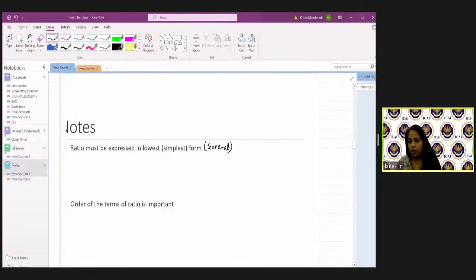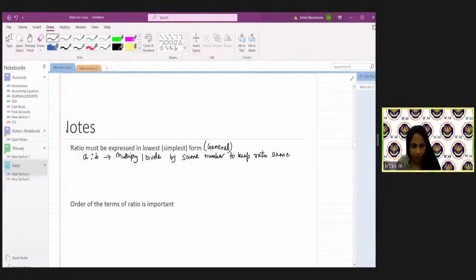Also, there is one more rule. Basically, it's an extension. It says for any given ratio, whether you multiply or divide, you should be doing it by the same number to keep the ratio the same.